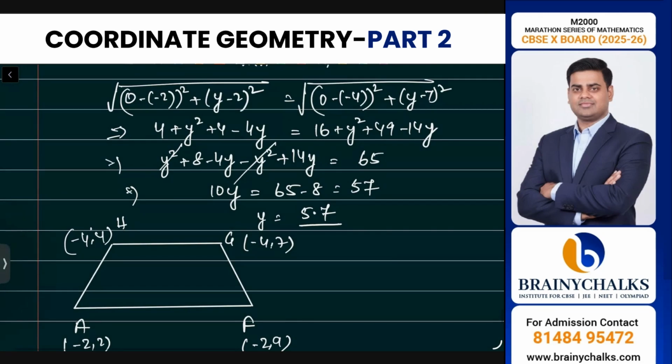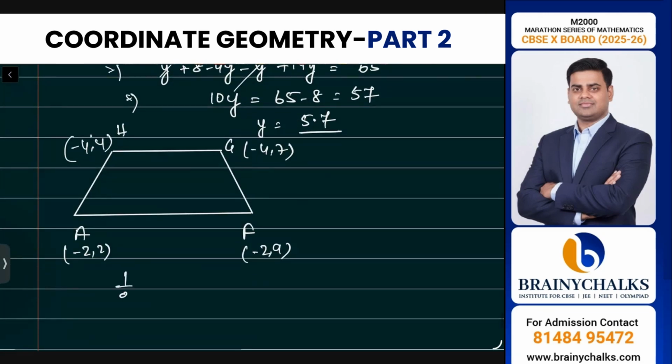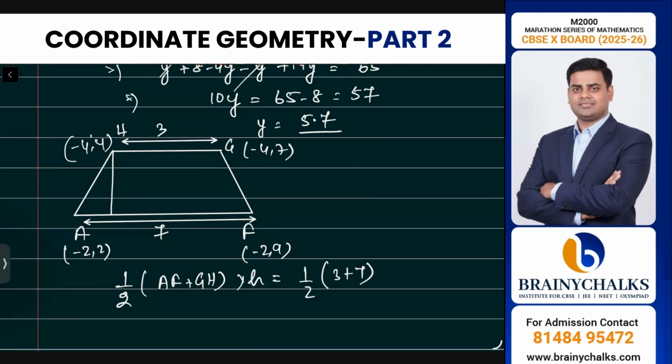So we have to find the area of the trapezium. Half into the sum of parallel sides, so (AF plus GH) into height. Find the height. What is the length of GH? 7 minus 4, 3 units. AF is 7 units. So half into (3 plus 7), 10.